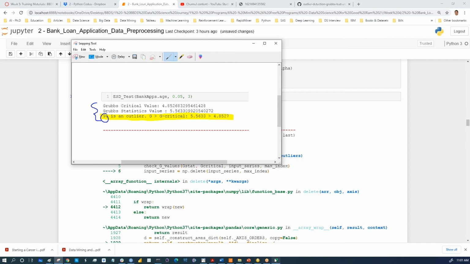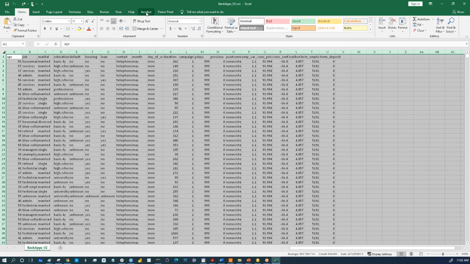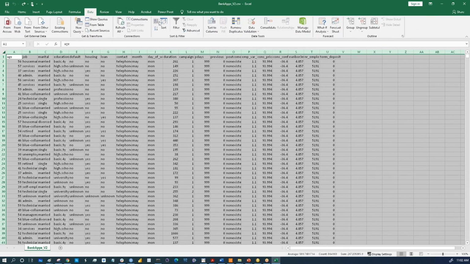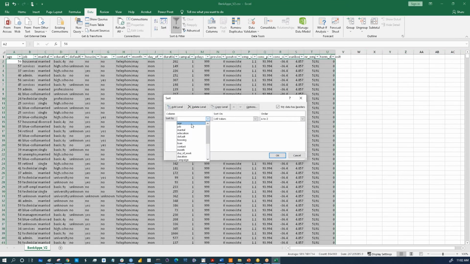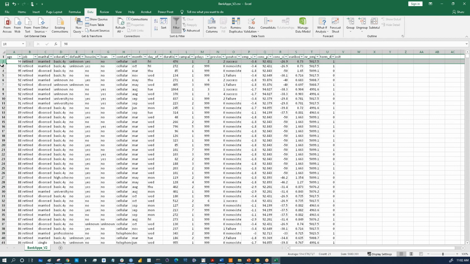And if you were to sort our age in descending order, from the largest to the smallest, we got 298.